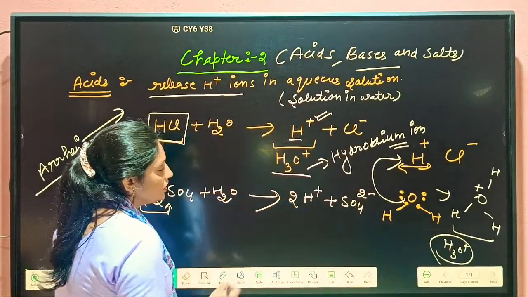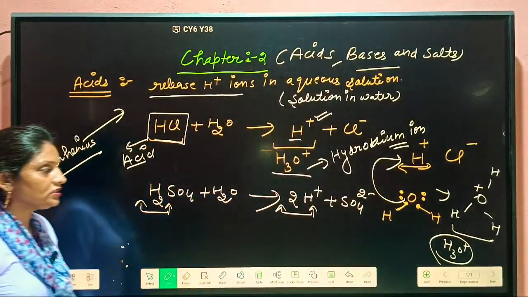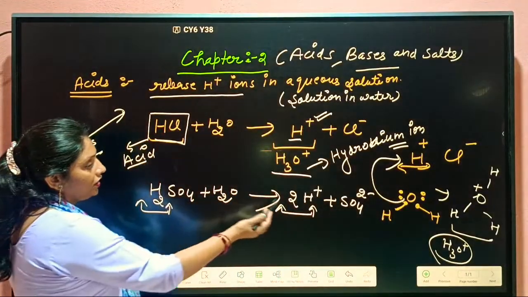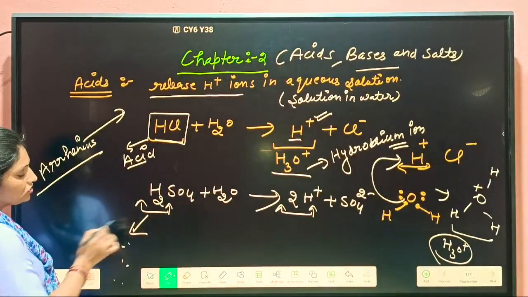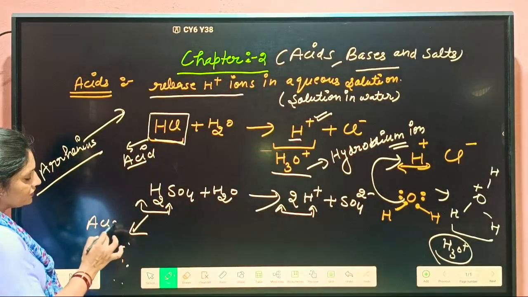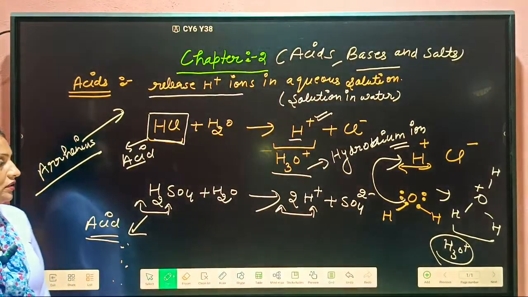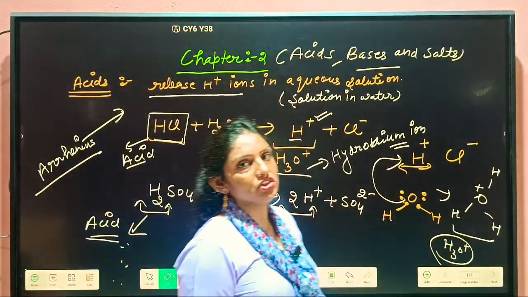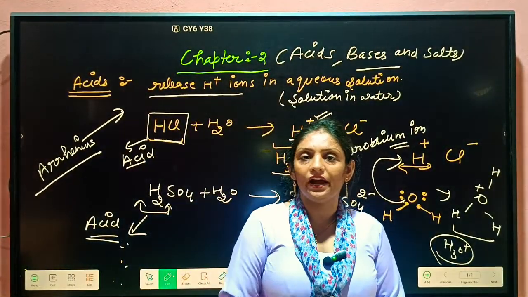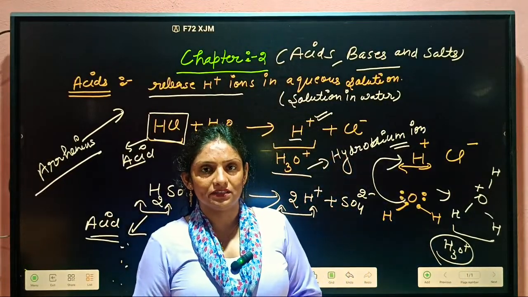Okay students, so it is also giving us H positive ions after decomposition in the aqueous solution. Then it is also known as an acid. So acids are those substances which release H positive ions in aqueous solution.